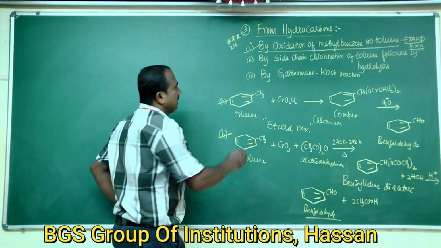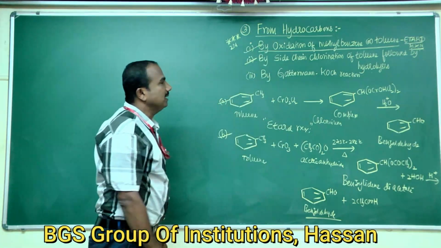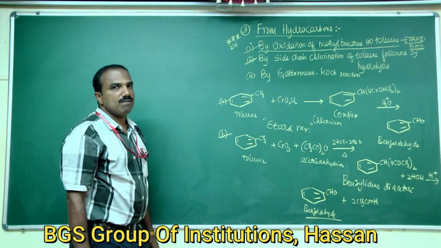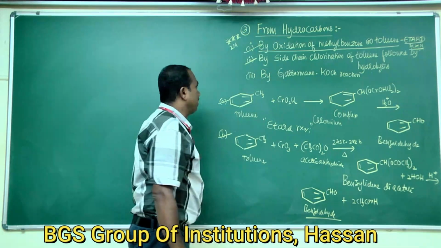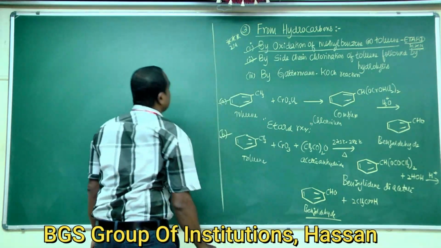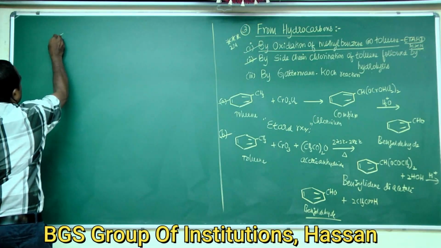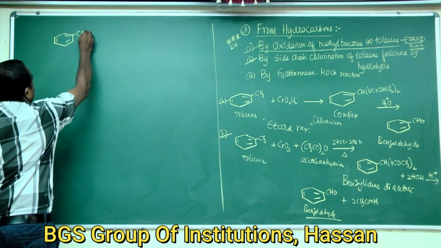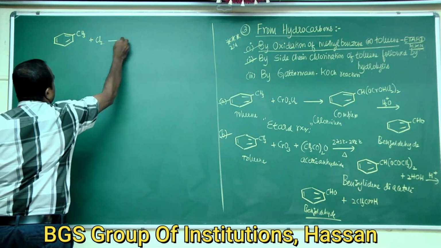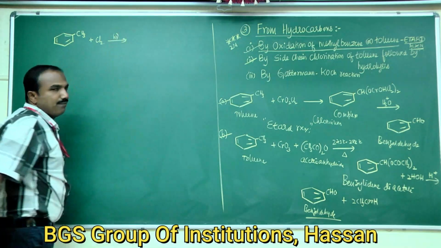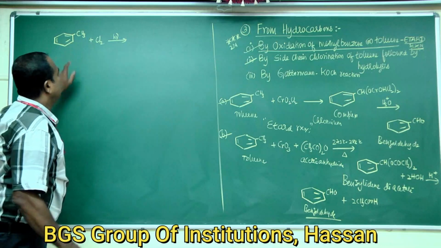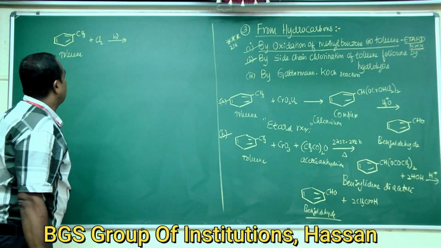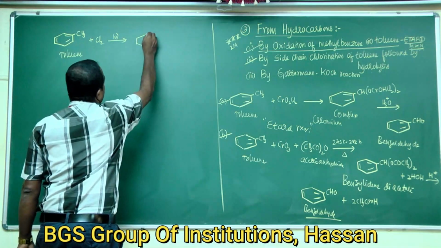Okay. So the next method is by side chain chlorination of toluene followed by hydrolysis. When toluene, that is methyl benzene, is treated with chlorine in presence of diffused sunlight, it gives benzyl chloride.